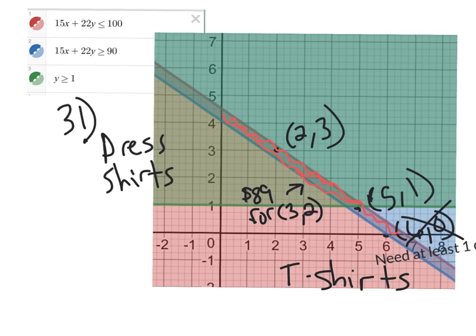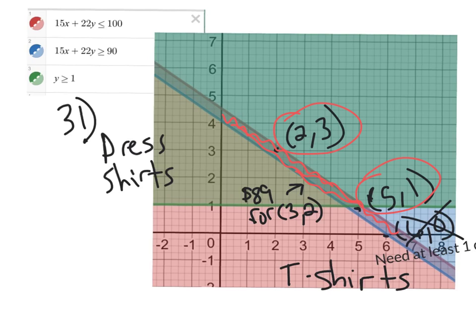So 5 t-shirts and 1 dress shirt, you can see that the point (5, 1) is inside of that region. 2 t-shirts and 3 dress shirts, that also is in the region. It almost looks like we could do (3, 2). (3, 2) is really close, but actually if you work it out, (3, 2) is $89. So we're not spending at least $90 by doing that.